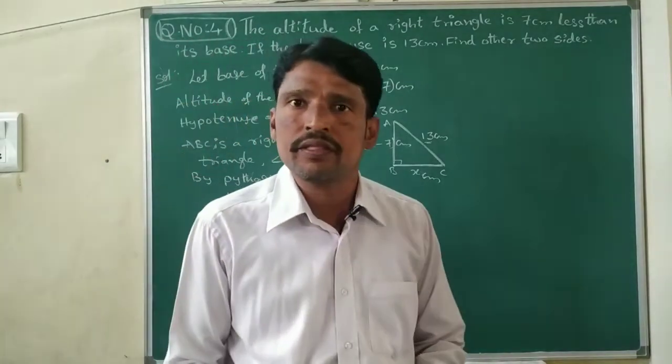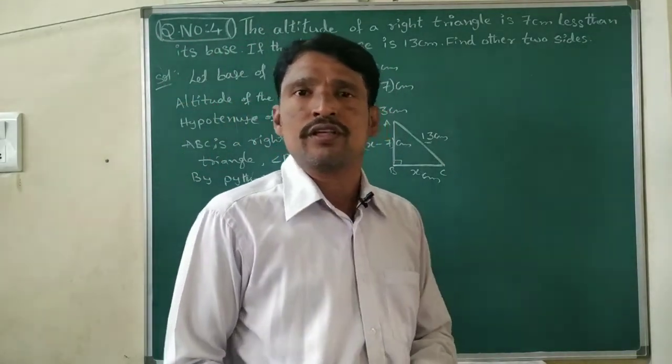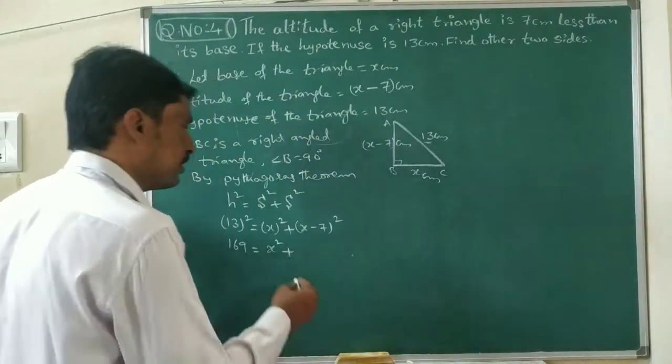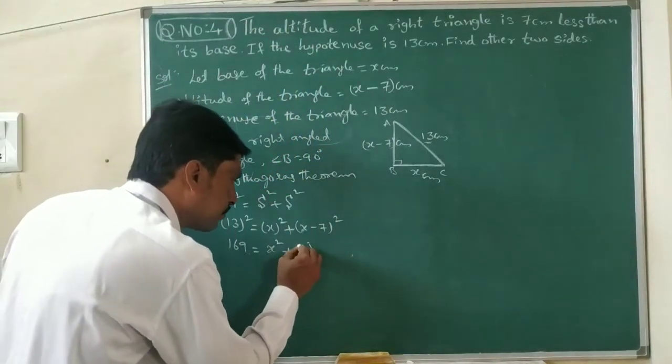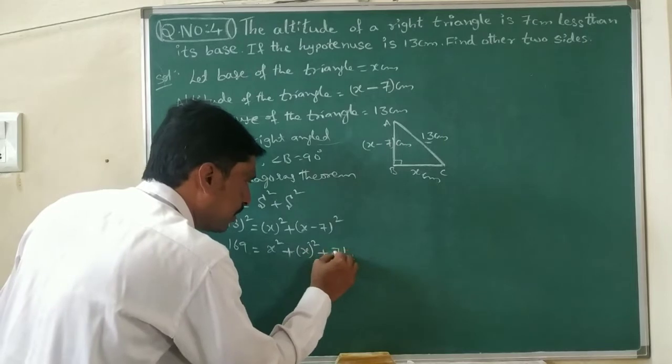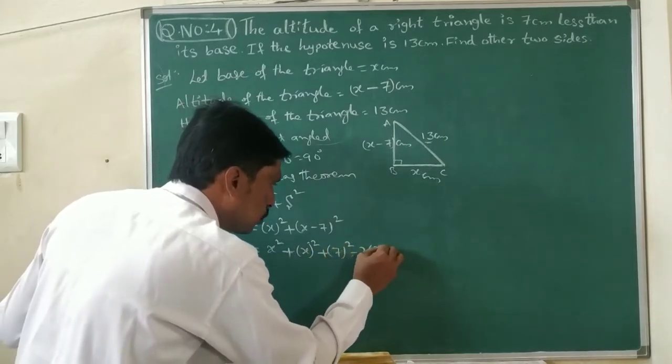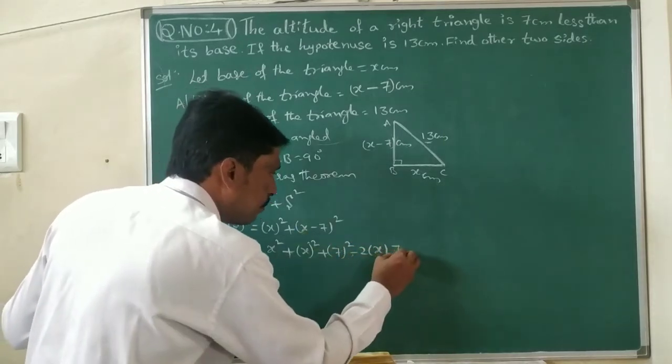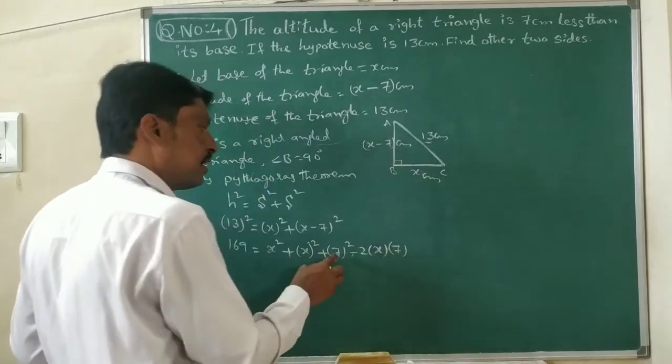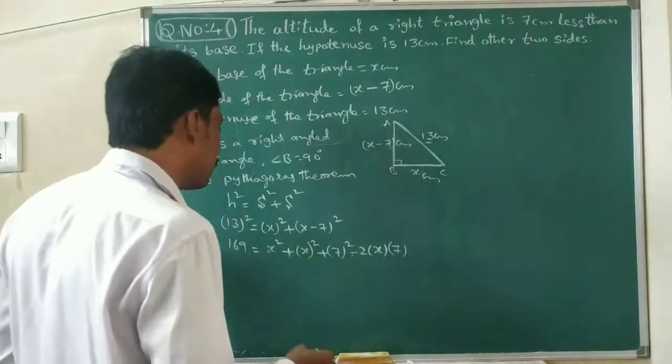It is of the form a minus b whole square. So how do we write a minus b whole square? A square plus b square minus 2ab. Here a means x, b means 7.